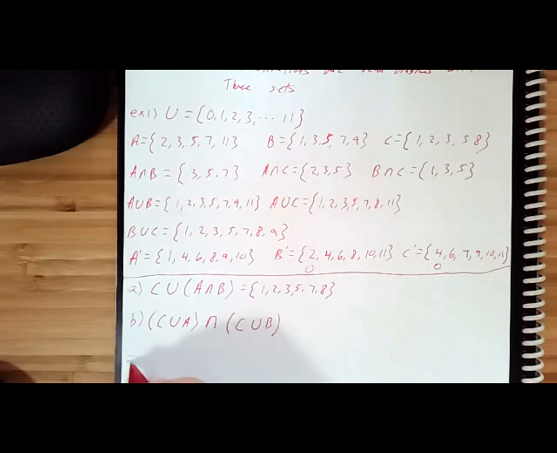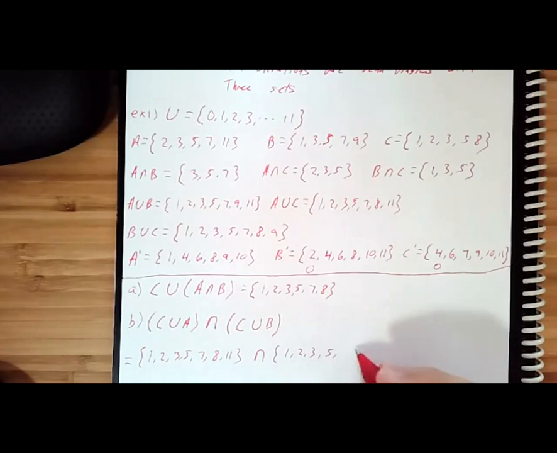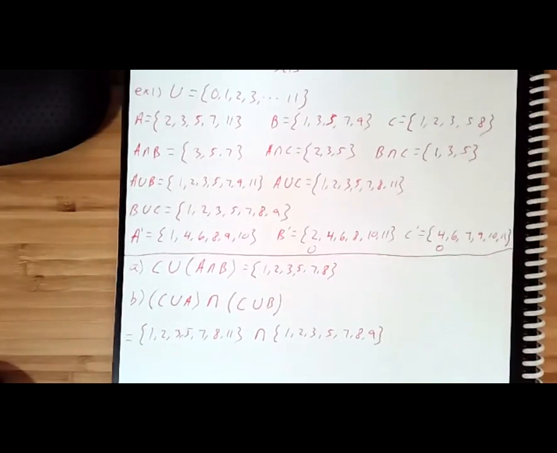So if you want to show more work, you could do this. C union A is this one. What does that have in common with this one? So that's what they're asking. You see that?